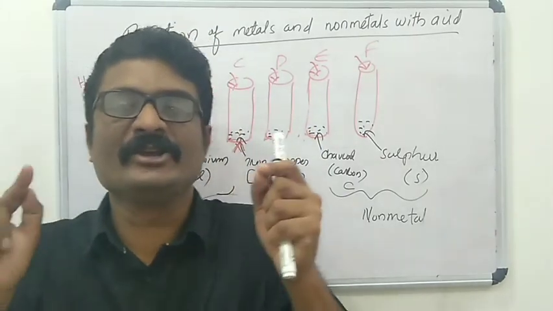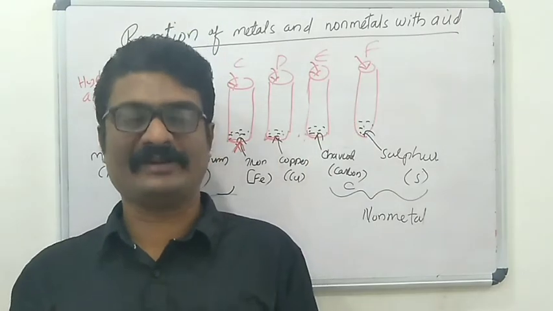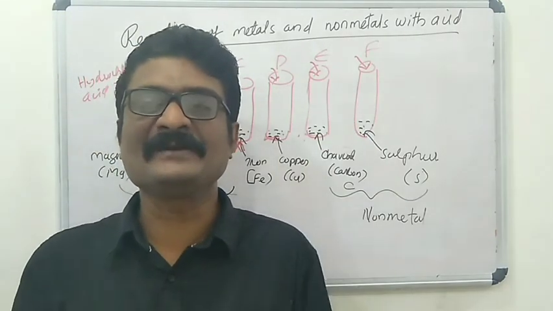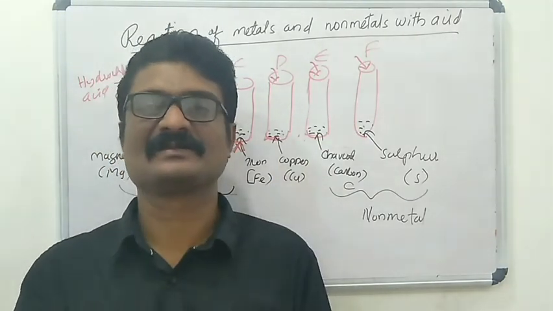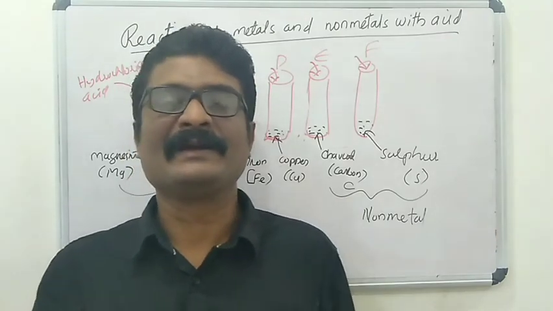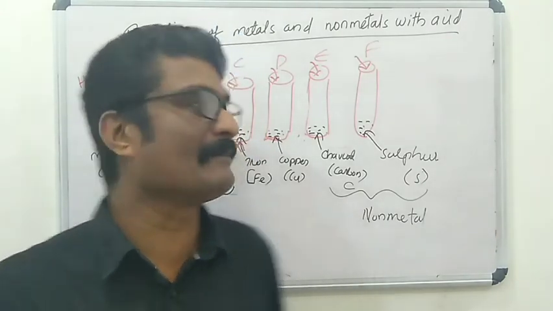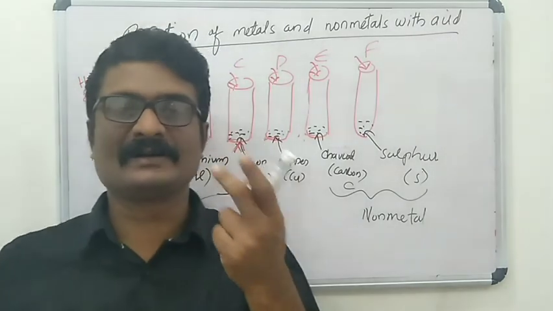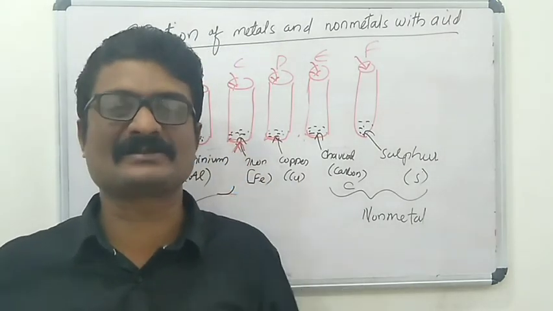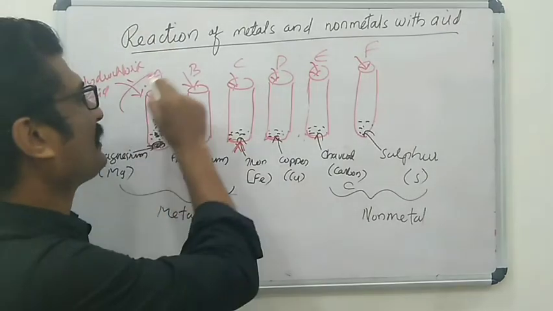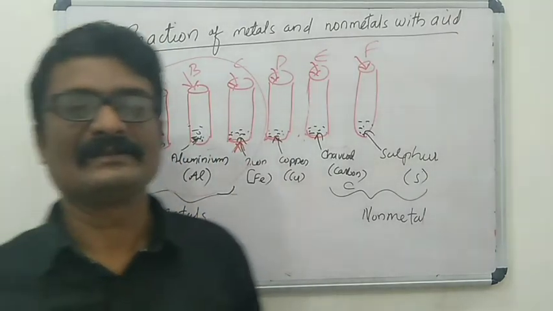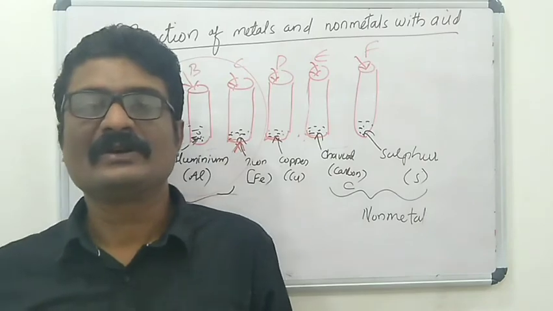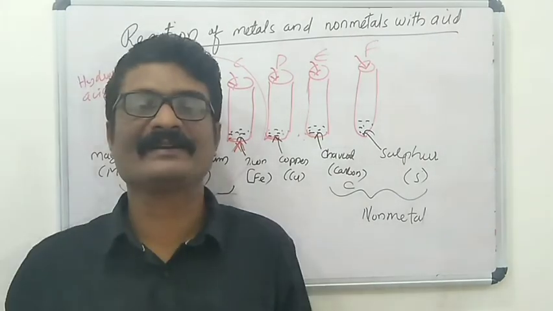So, how do we know which gas is evolved? For testing this gas, let us bring a burning candle over the test tubes A, B and C. What do you observe here?